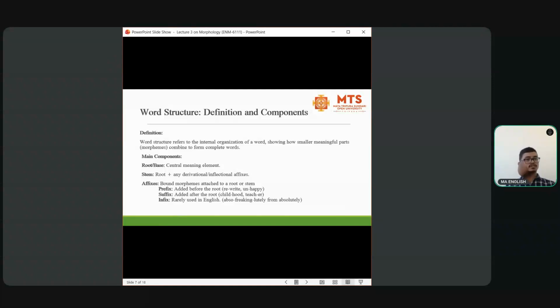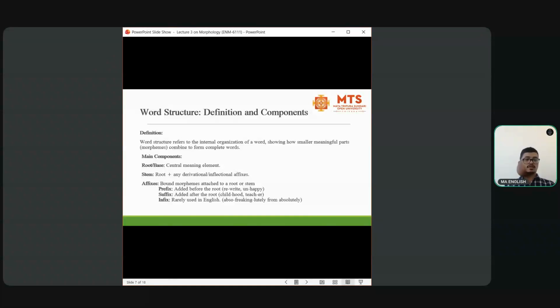Okay, so next is stem. Stem is the root plus any affixes that have already been added, or in simple sense, it is the part of the word that carries its main meaning, to which grammatical endings are attached. I will explain further when I discuss inflection. So, for example, again let me use the same word, teacher.